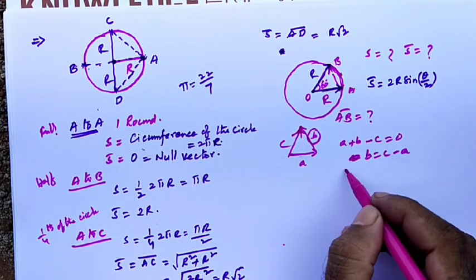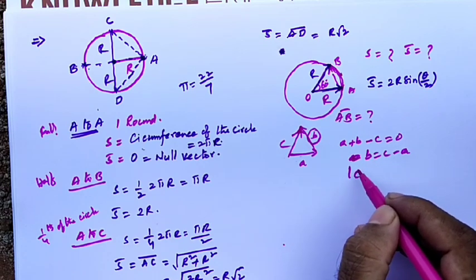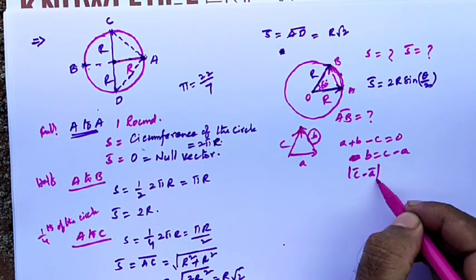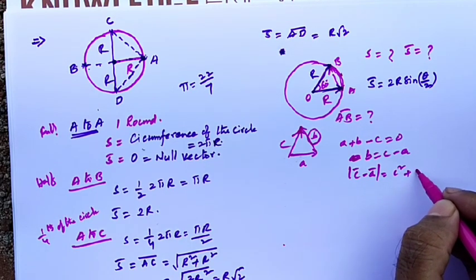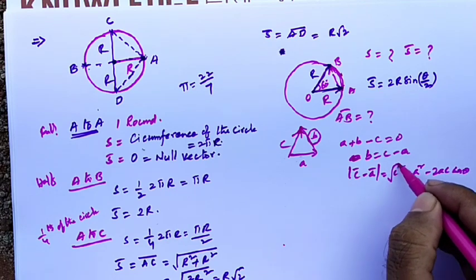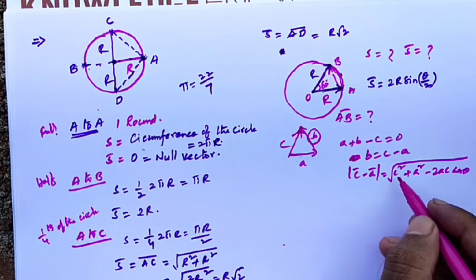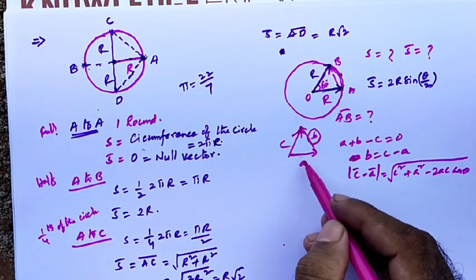Now what will be the resultant of this? Magnitude of C vector minus A vector. How to calculate this? Root over C square plus A square minus 2AC cos theta. If you simplify this, you will be getting the answer. Here C is how much? R. A is how much?